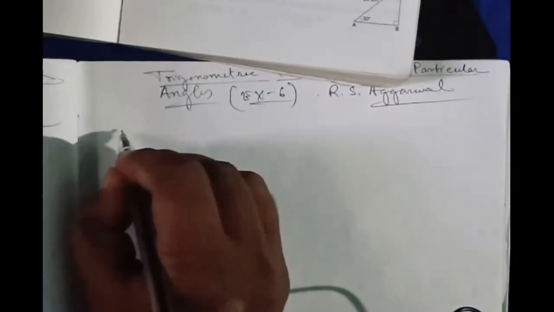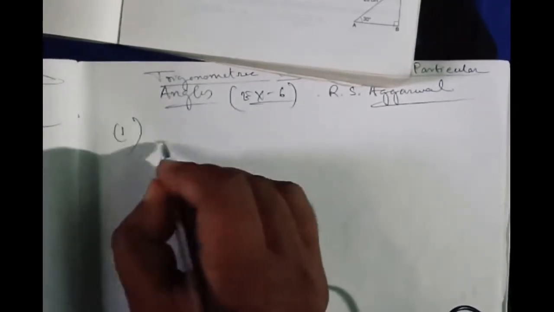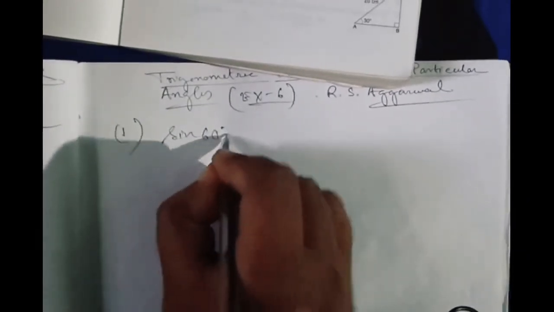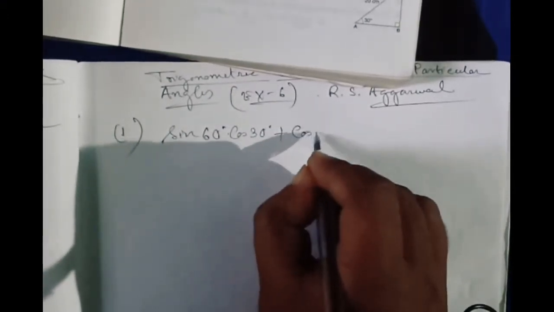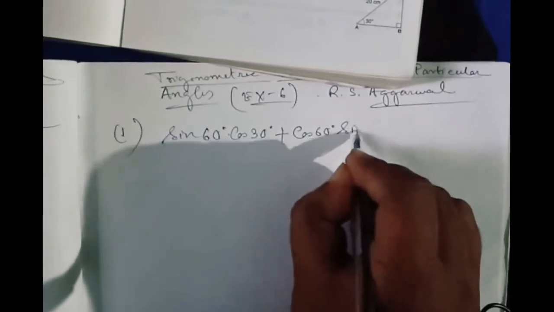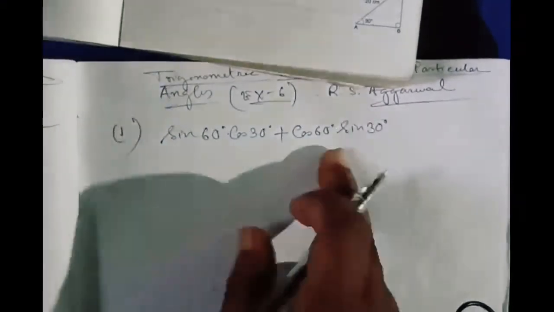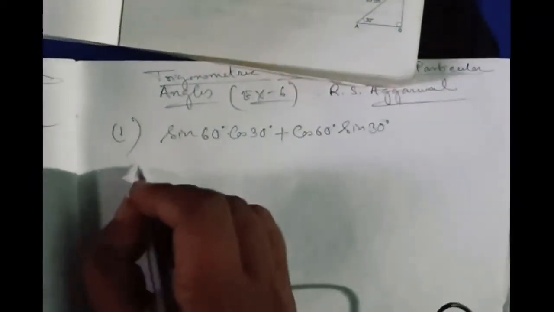First, come to the first question. As you can see, sin 60 cos 30 plus cos 60 sin 30. Find the value. So sin 60 degree cos 30 degree plus cos 60 degree sin 30 degree, this value we have to compute.